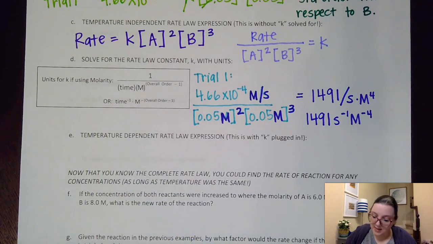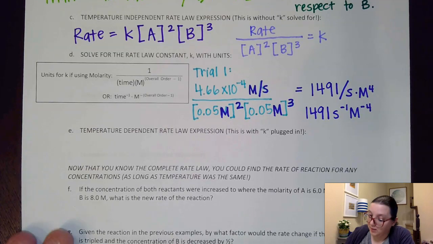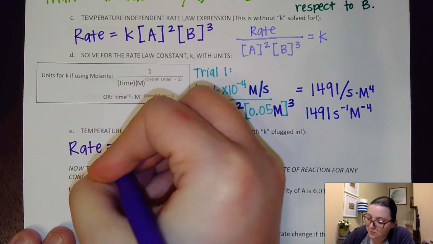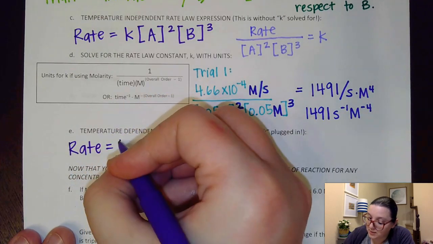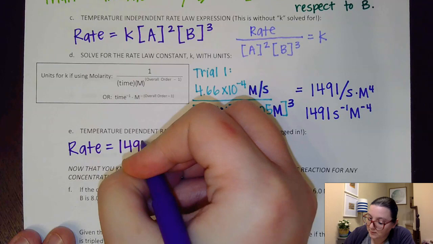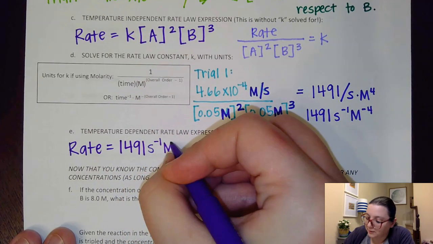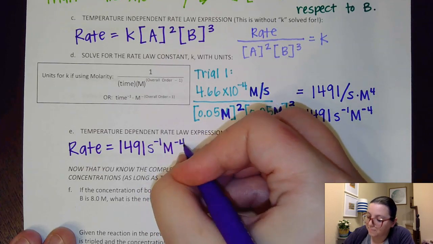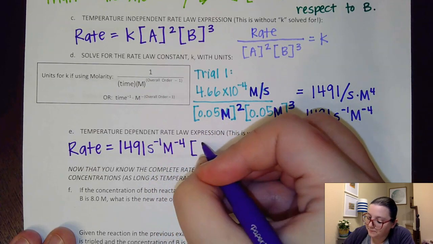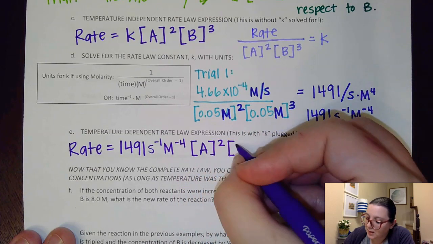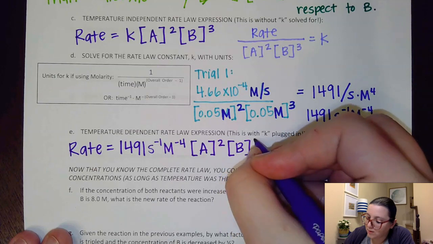All right, so the next thing they ask us to do is to write a temperature-dependent rate law expression, and that is with K plugged in. So I would write this as rate equals my K, which is 1491, and I'm going to go ahead and put the units of seconds to the negative first, molarity to the negative fourth, and then I'm going to have A raised to an order of 2, and B raised to the order of 3.